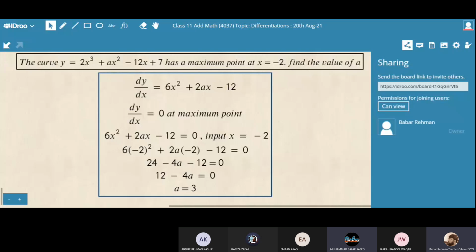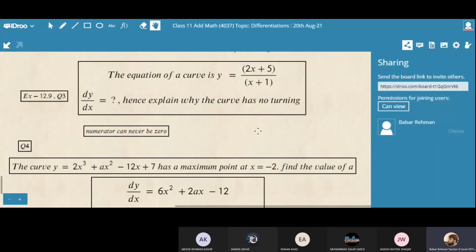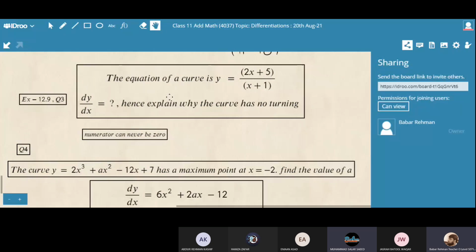Sir, I hope you got all these concepts. Sir, I didn't get question number 3. Okay, did you find the derivative of this? Yes, sir. What is the derivative? It should be -3 upon (x plus 1) whole square, right? Yes, sir. Now you tell me, can this derivative be equal to 0 at any value of x? Never.